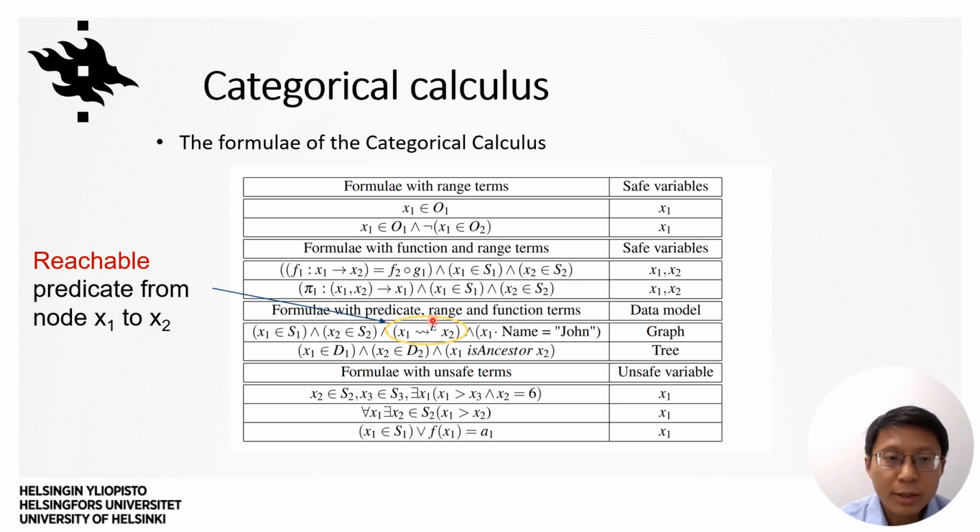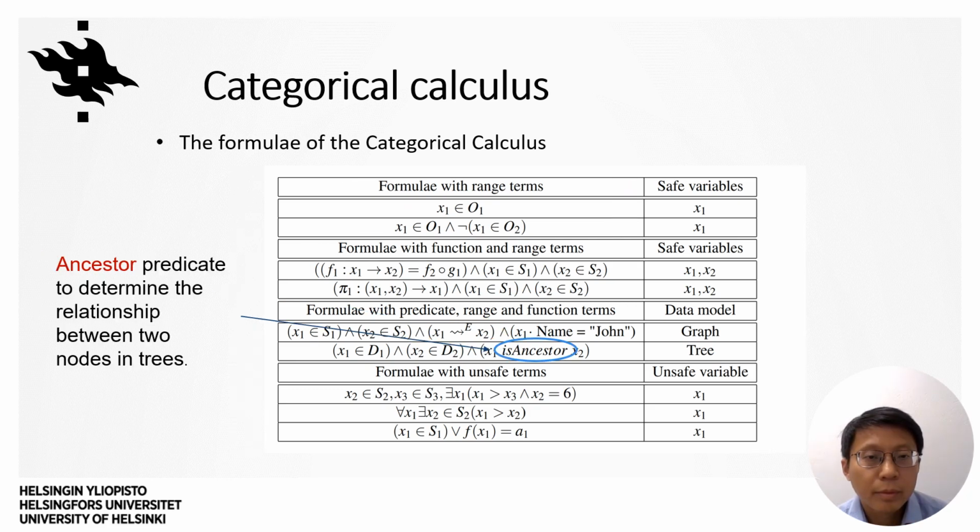So this predicate is only used for graph data to specify the reachable condition. Then this example shows the tree data predicate. x1 belongs to D1, x2 belongs to D2, then x1 is ancestor of x2 means that in a tree, the x1 node is an ancestor of x2.